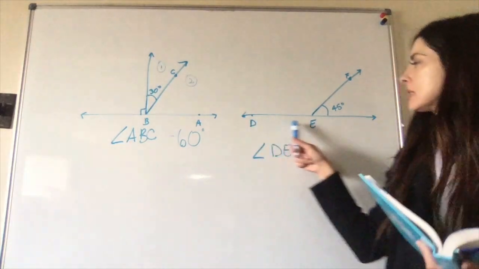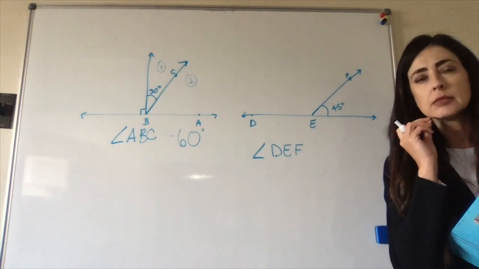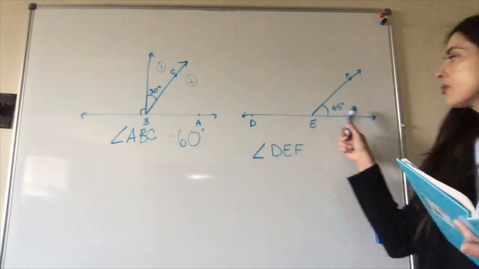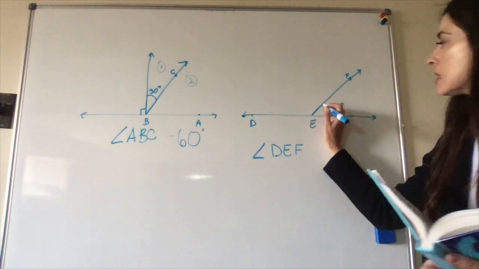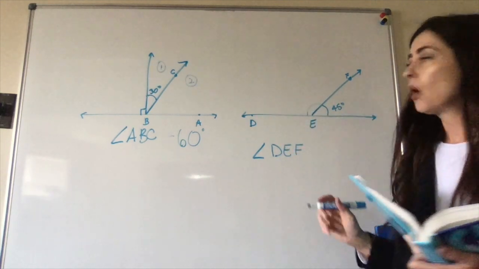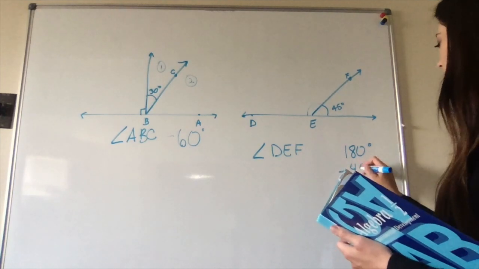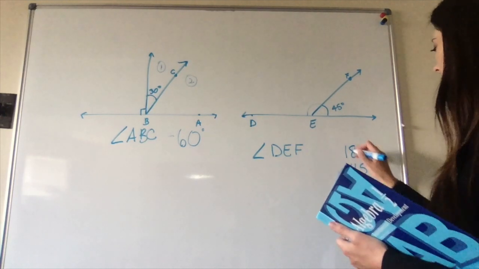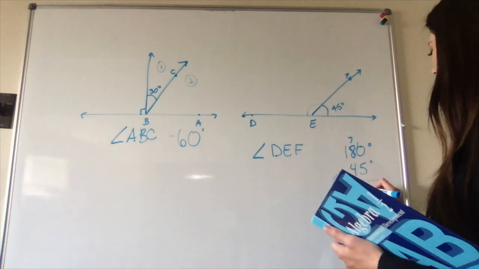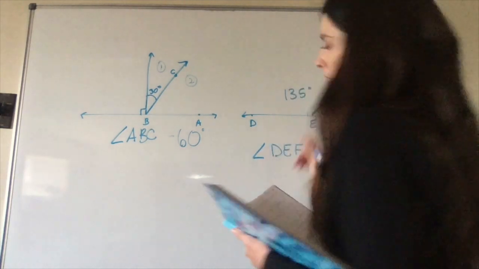Okay, so again, if this is a straight line or a straight angle equals what? 180 degrees. So if this is 45, what's this portion going to be? What's F, E, D, or D, E, F going to be? Well, we have to take 180 degrees, and we have to subtract out 45 degrees, correct? And so we borrow, 5, 3. So it's going to be 135 degrees, okay?